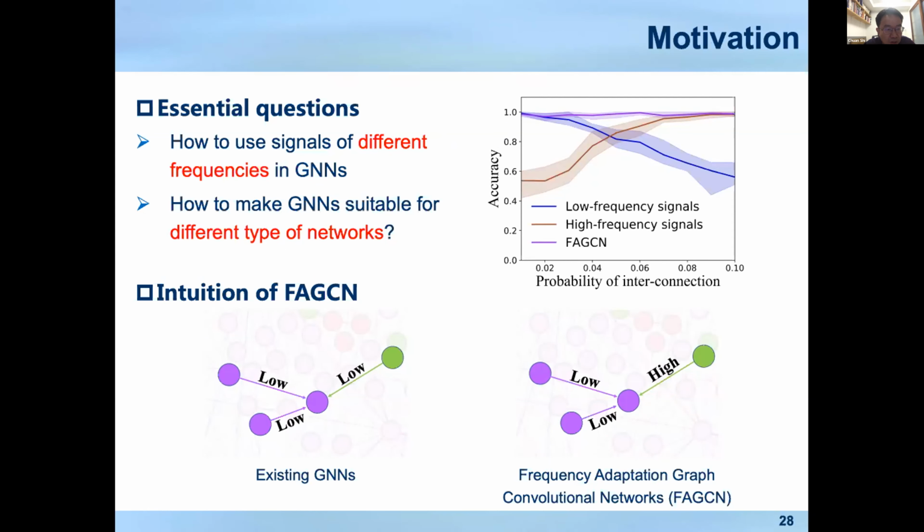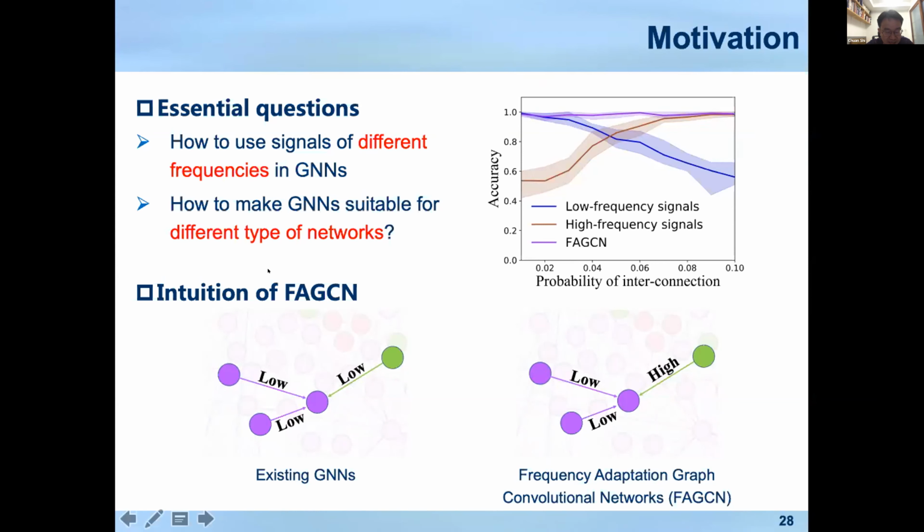So, two essential questions need to be answered to design new GNN: how to use the signals of different frequency in GNN, and how to make the GNN suitable for different types of networks.